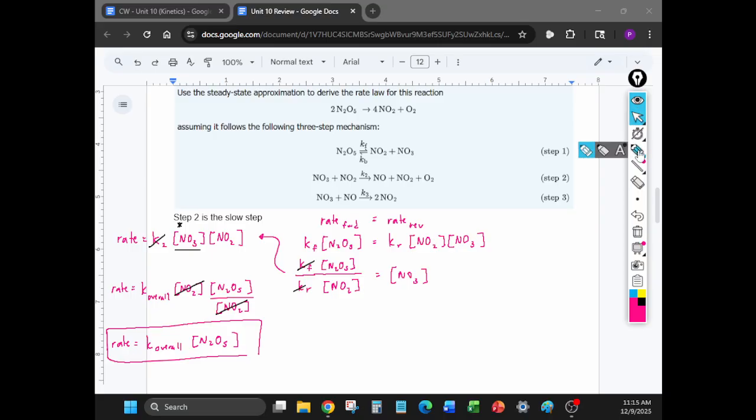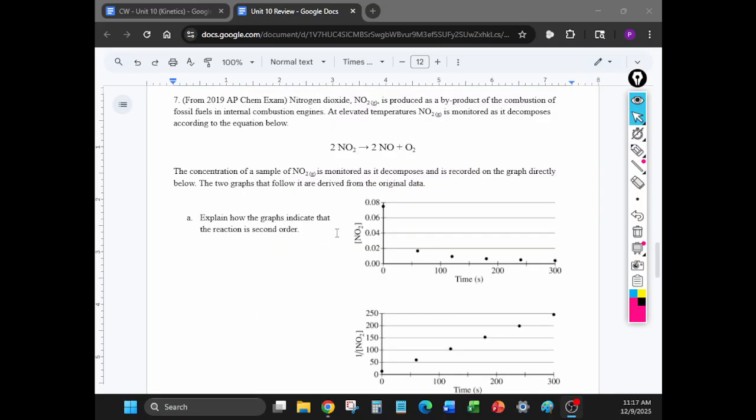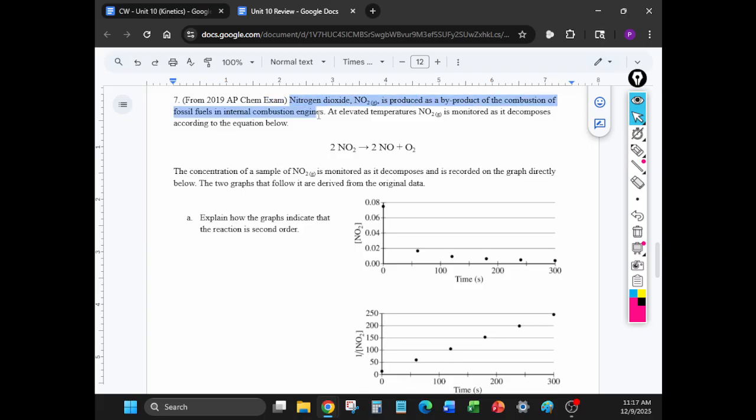Can you give us an example where it doesn't? So again, this is from the 2019 AP exam, and it tells us that nitrogen dioxide is produced as a byproduct from the combustion of fossil fuels in ICEs. At elevated temperatures, NO2 is monitored and it decomposes right here. So first you have some information about the background, right?